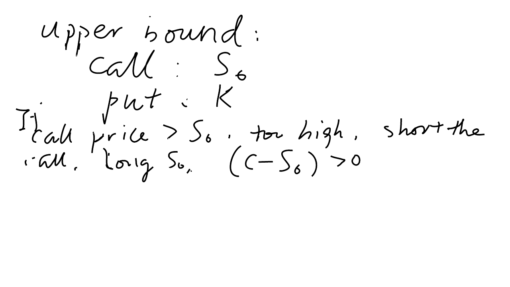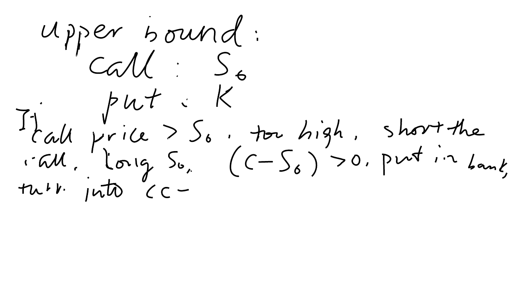So you take that and put it in the bank, which turns into C minus S0 exponential RT at capital T.